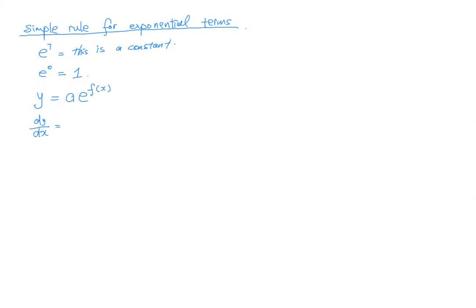What I do is I copy down the whole thing, then times by the rate of change of the power. So this is the formula that you have to remember for exponential term. Are you clear?